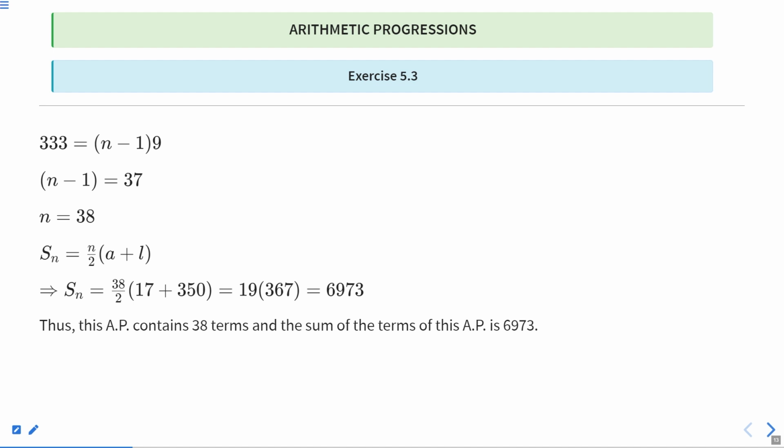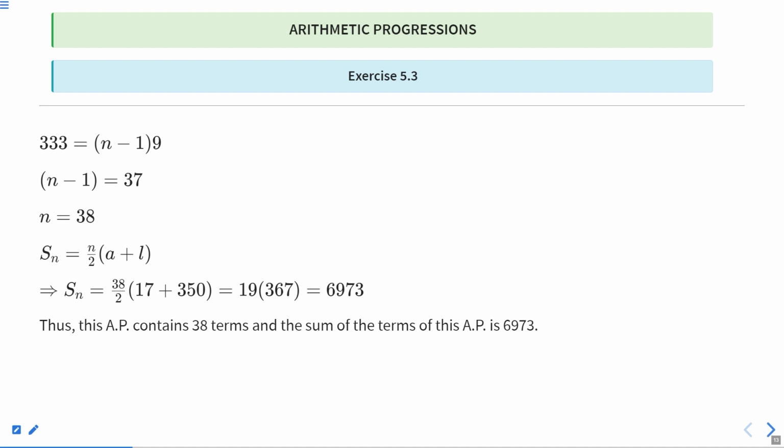Okay, now if we put these values of A, L and n in this formula, then we get Sn is equal to 38 by 2 times 17 plus 350. Okay, and this is equal to 19 times 367, and this is equal to 6973. Thus, this AP contains 38 terms, and the sum of terms of this AP is 6973.